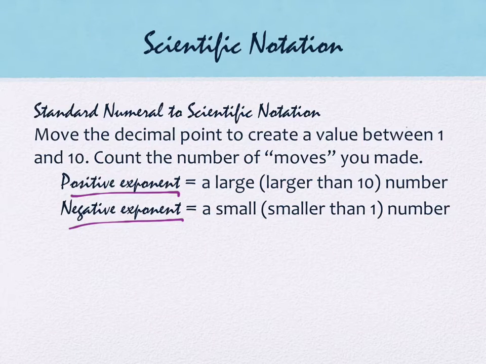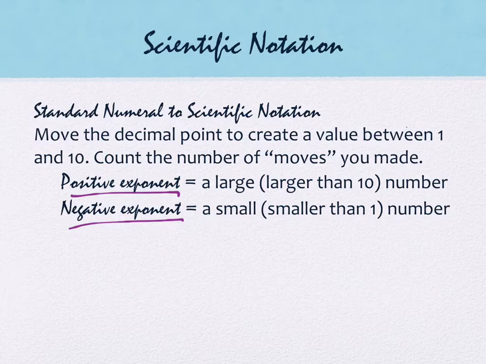A positive exponent indicates a large number, and by large, I mean bigger than 10. And a negative exponent indicates a small number, and by small, I mean smaller than 1. Anything smaller than 1 is a small number and involves negative exponents. Anything larger than 10 is a big number and involves positive exponents.